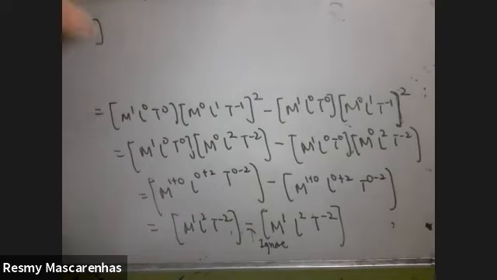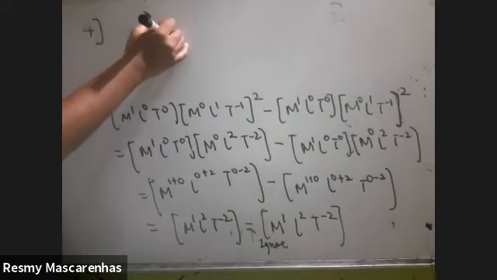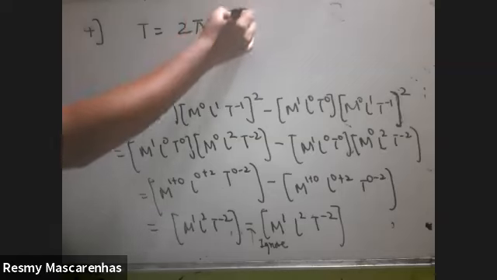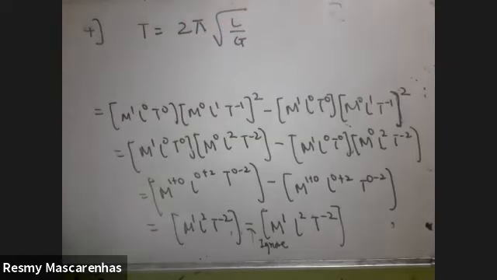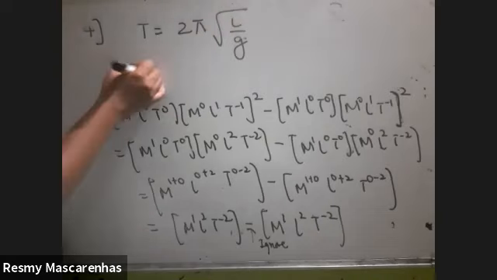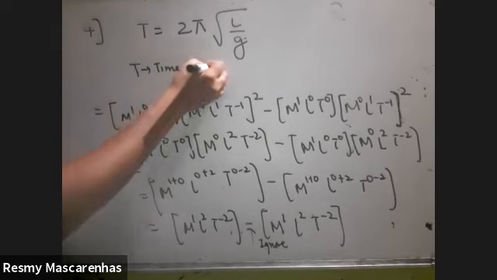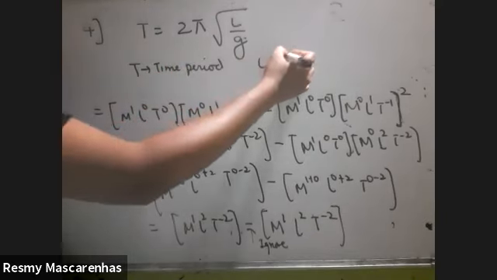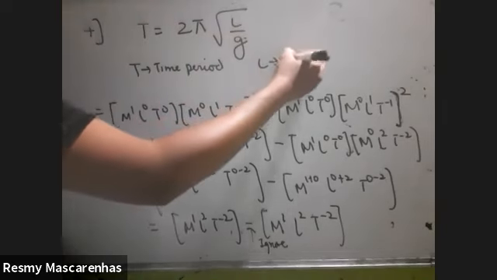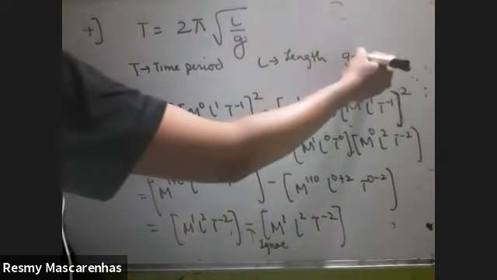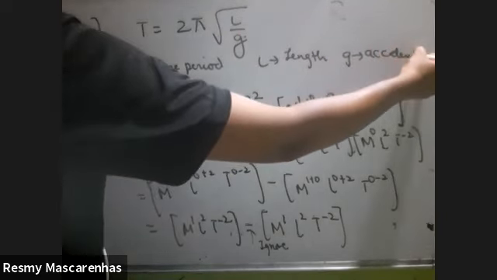Fourth one. T is the time period, L is length, and g is acceleration due to gravity.